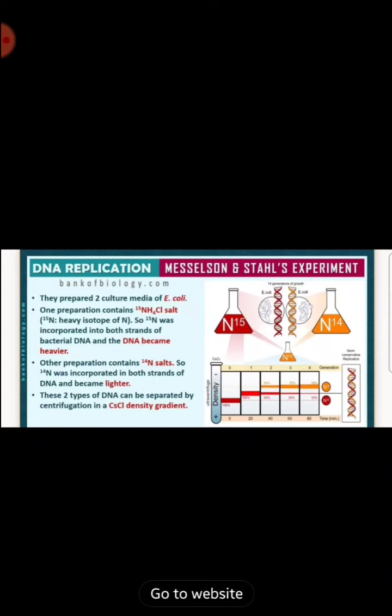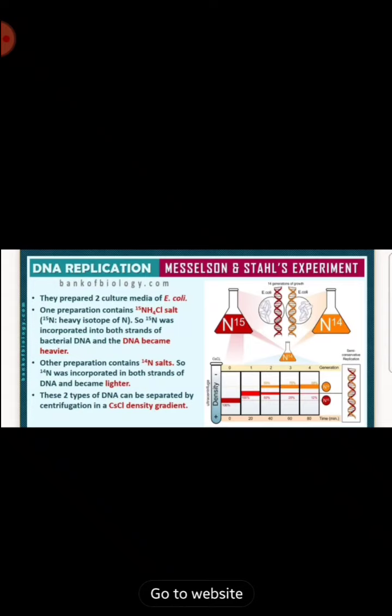So one preparation contained 15NH4Cl salt, that means N15, which we call the heavy isotope of N. This ammonium chloride salt, which has the heavy isotope of N, that is N15, was incorporated into both the strands of bacterial DNA, and the DNA became heavier.